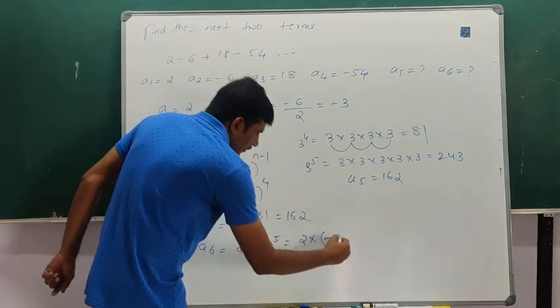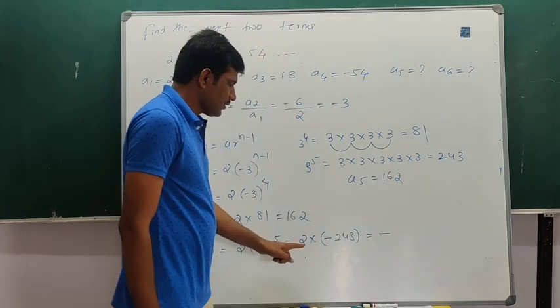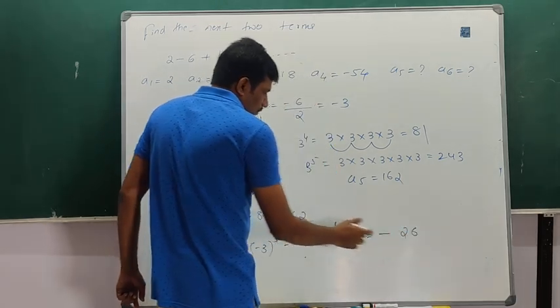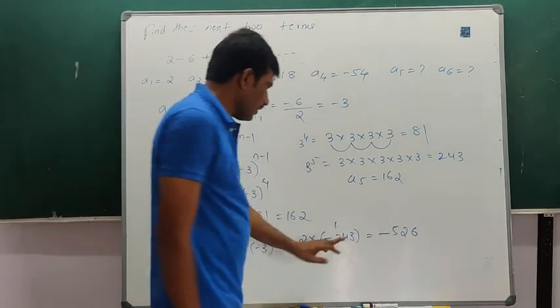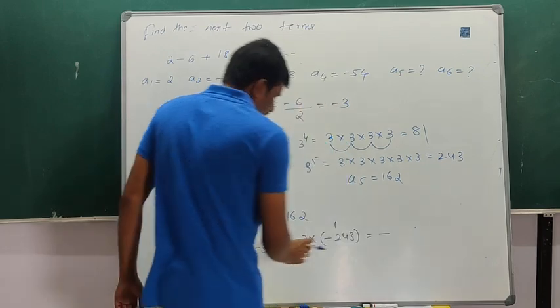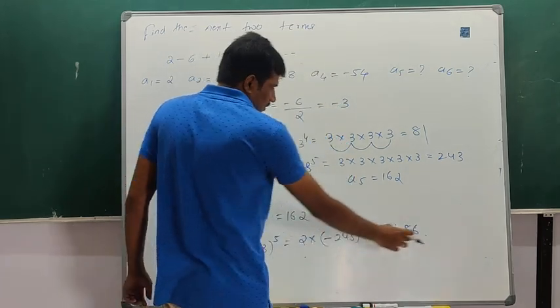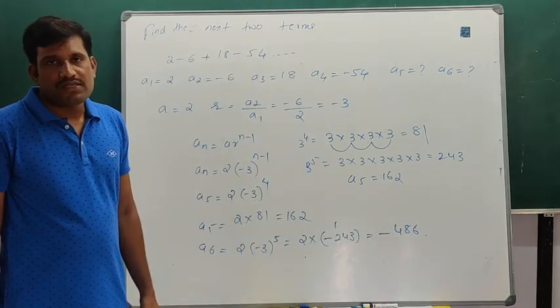So plus into minus is minus. Now 243 into 2 is 486. That is minus 486.